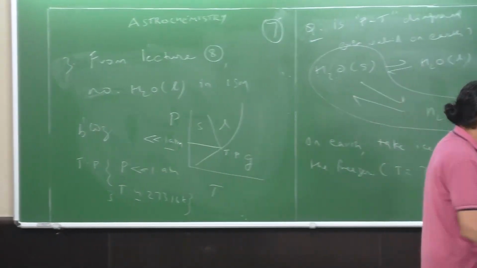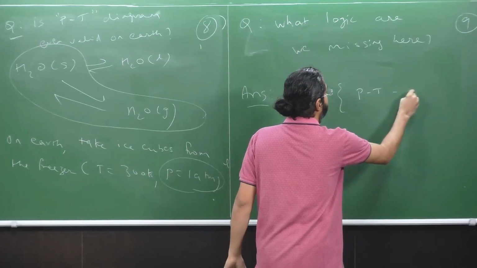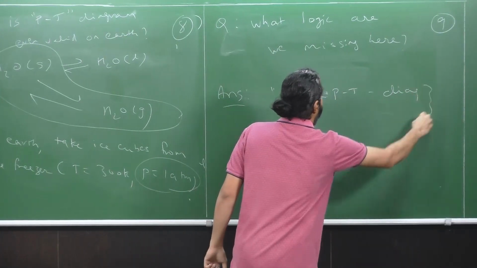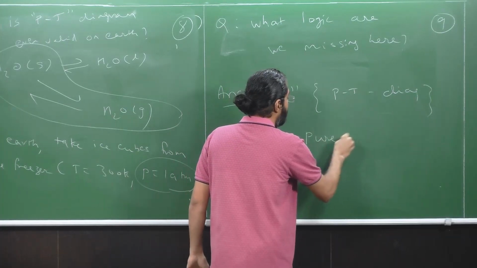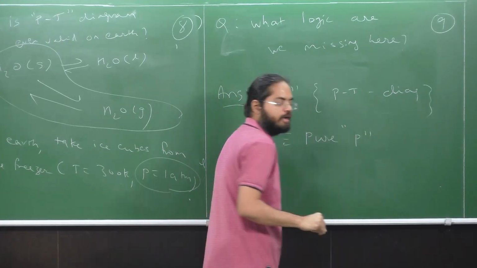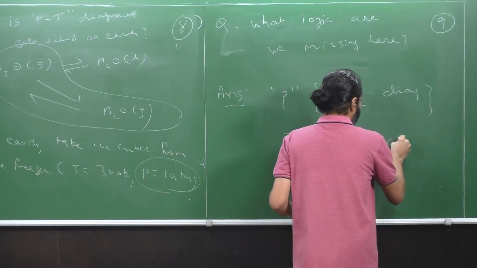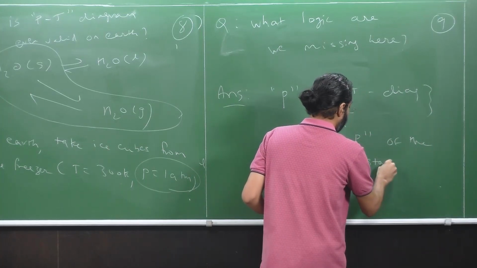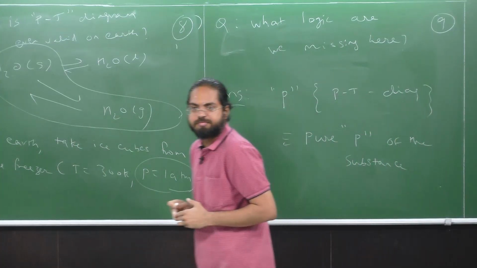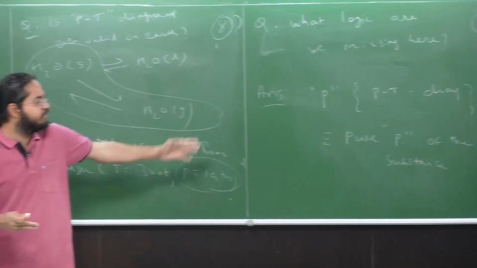The answer is again that P in the PT diagram corresponds to pure pressure. It corresponds to the pure pressure of the substance. This is an absolutely massive hint. What do you think is the answer, given this hint?